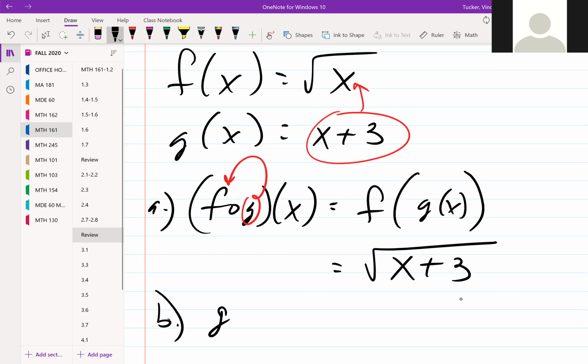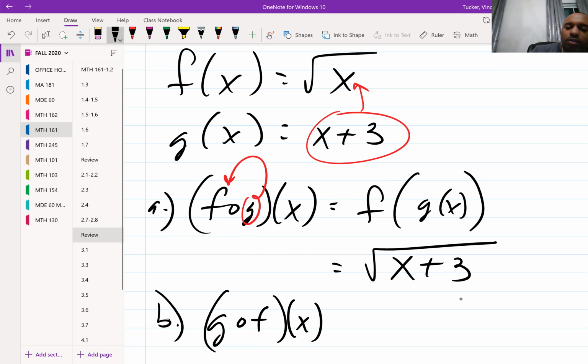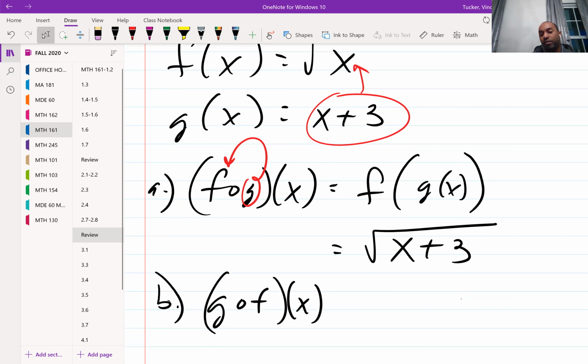Is there any way you can solve that? Nope, nope. In this case, there's nothing to solve. It's just a rewriting, or it's called the composition of functions.